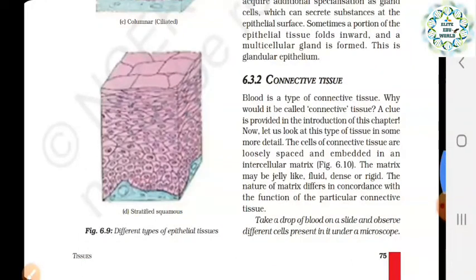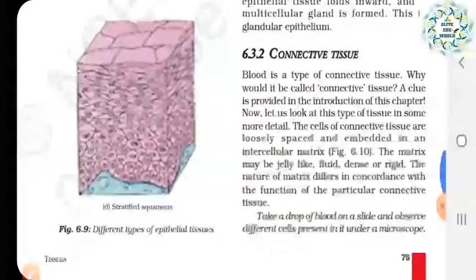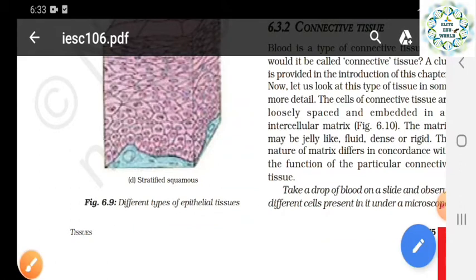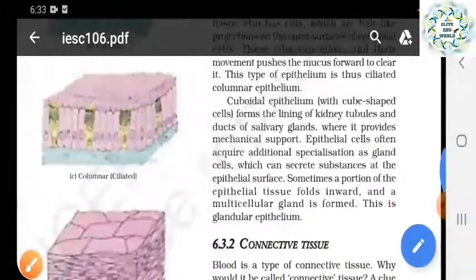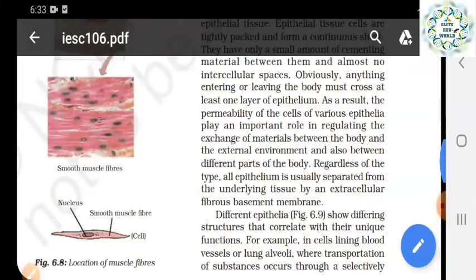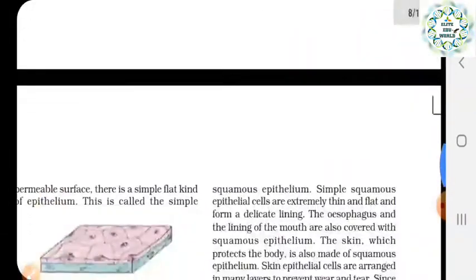So these are the different types of epithelial tissue. On the basis of the different organs or parts where it is present, we have different types of epithelial tissue, but basically it provides protection. We have already seen that in this figure.